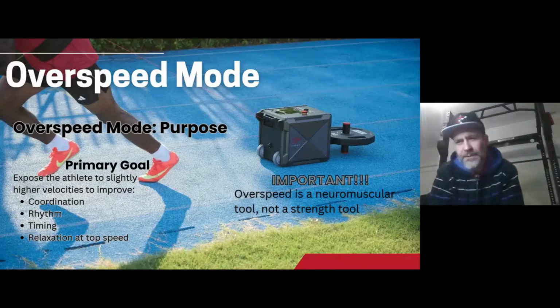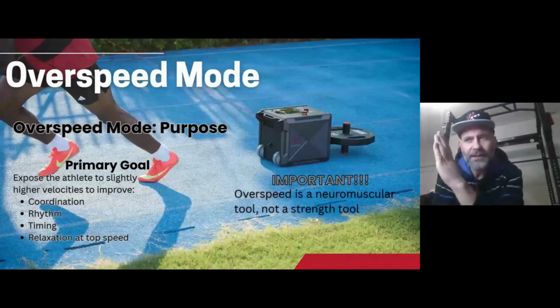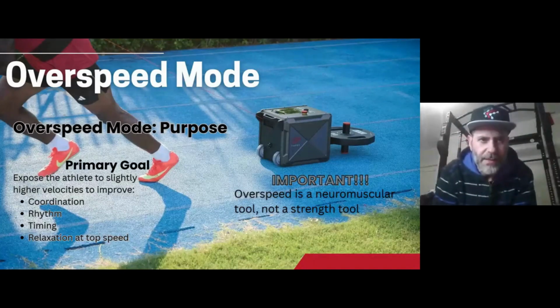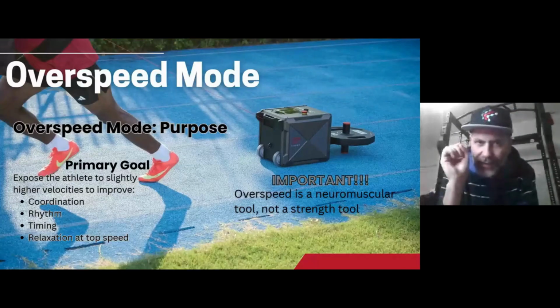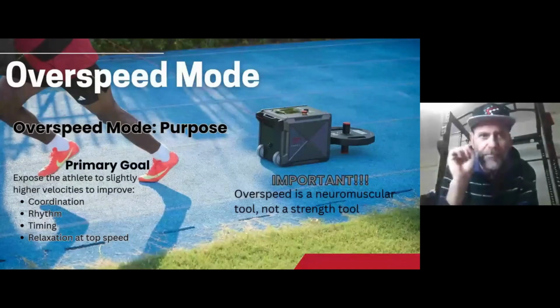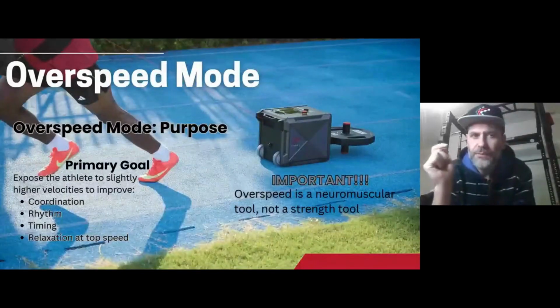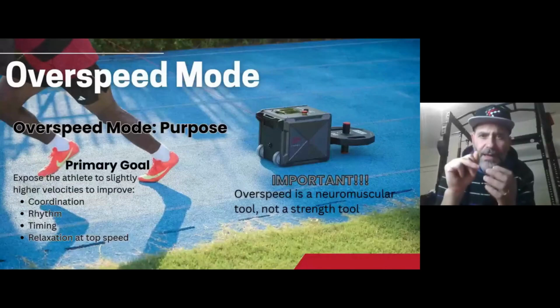And overspeed gives the nervous system exposure to slightly higher velocities than the athlete can produce alone. This is overspeed, which accelerates neuromuscular adaptation. Okay, so the primary goal of overspeed is to expose the athlete to slightly higher velocities, to improve coordination, rhythm, timing and relaxation at top speed.